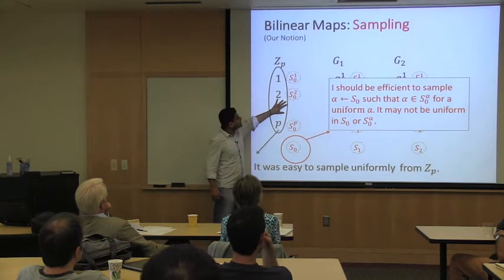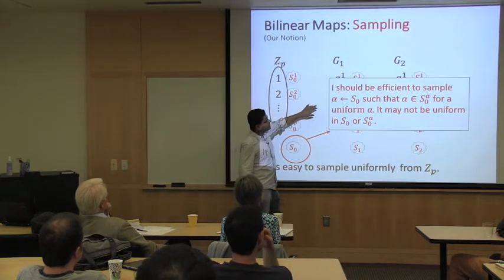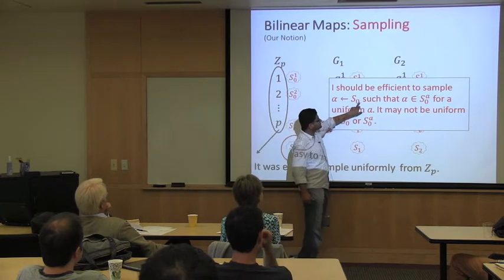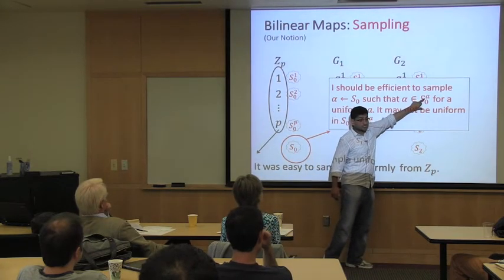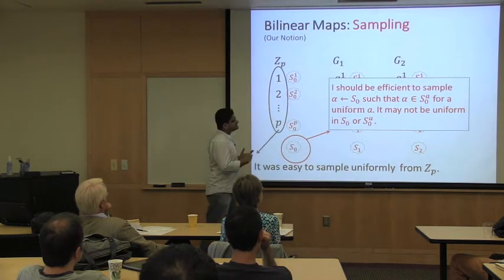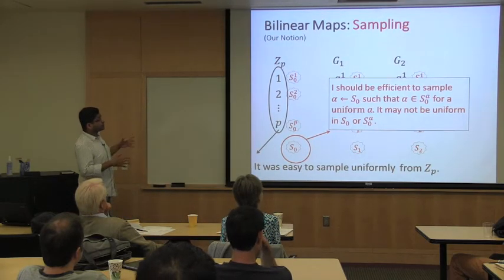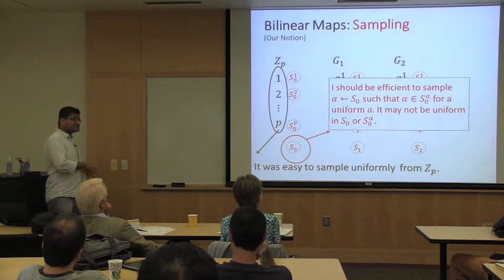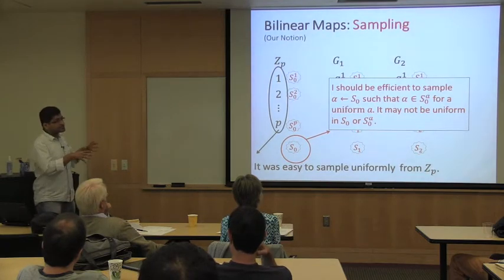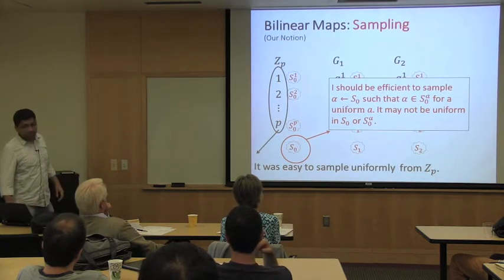I'm going to require that it be uniform as to which set it comes from. So in particular, if I sample alpha from S0, there's going to be an induced distribution on A. I'm requiring this distribution of A be uniform over ZP. I'm not requiring that the element be uniform within the set it comes from or from the entire space, just that the set it comes from be uniform.